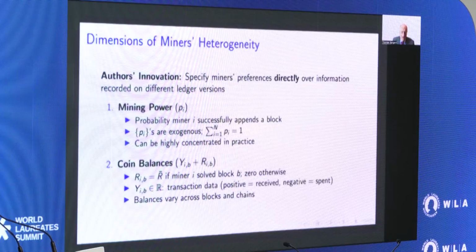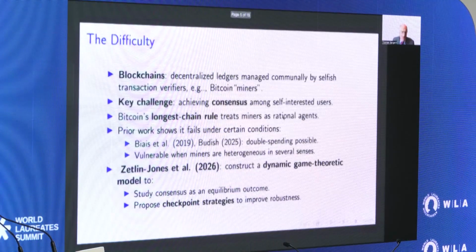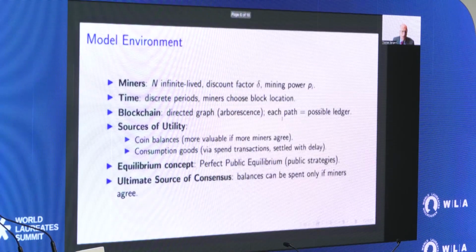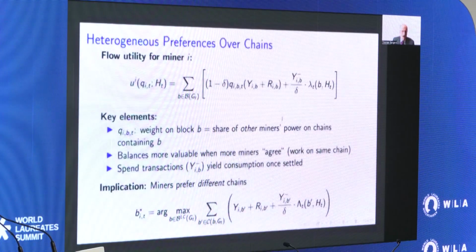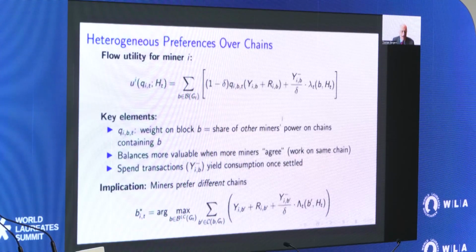Okay. So what's the difficulty? What do miners care about? They have preferences over chains. There's a set of possible chains, called script B of G. Anytime I tell you what your utility is, I have to tell you what it's composed of.